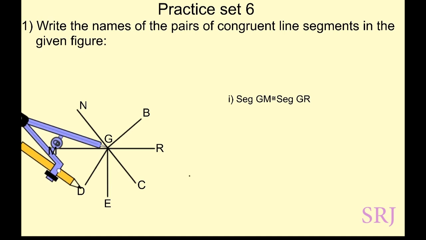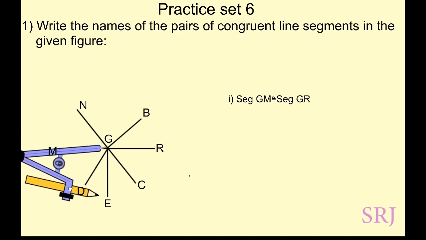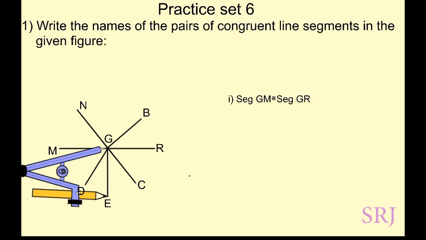As you all can see, this line segment is not the same, so it is not congruent to line segment GN. Now, let us see line segment GE. Yes. Now here, as you all can see, line segment GN is congruent to line segment GE. So our second answer will be segment GN is congruent to segment GE.